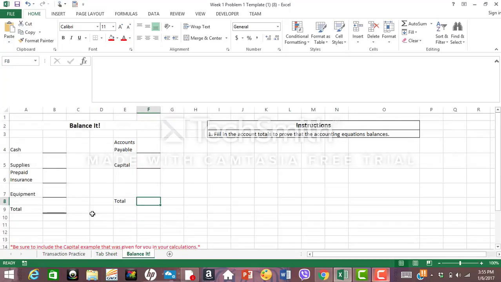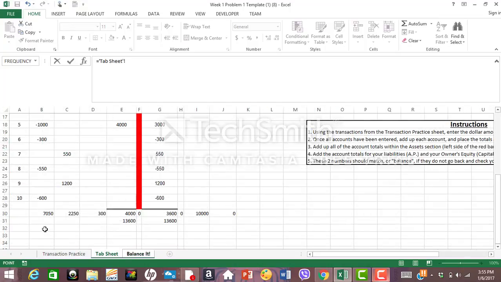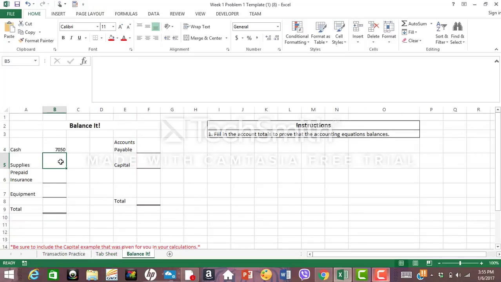Then I try to balance it here, so I want to know how much cash is. And if you wanted to transfer the data from the tab sheet, you would put an equal sign, go back to the tab sheet, this would be cash. Click on cash, press enter, and it automatically gives you how much cash there is instead of just inputting the number.